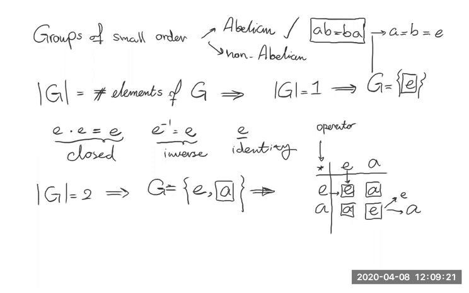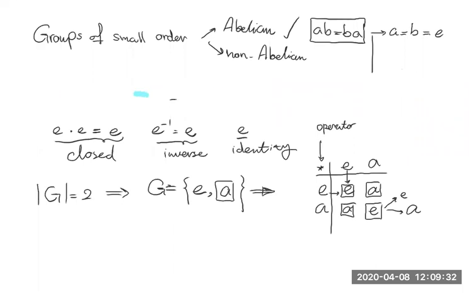Yeah. Okay. So what you're saying is that A squared would be A, right? So what does it mean? Well, what would be A inverse?